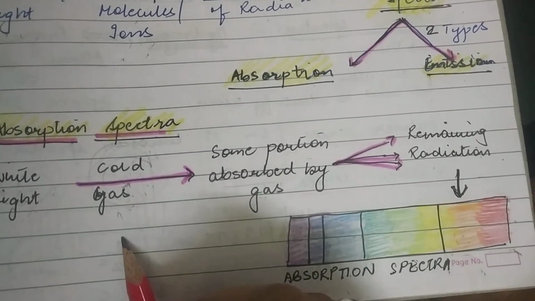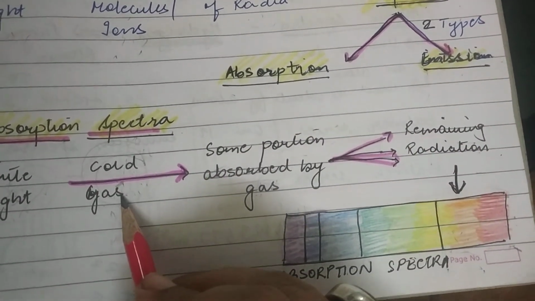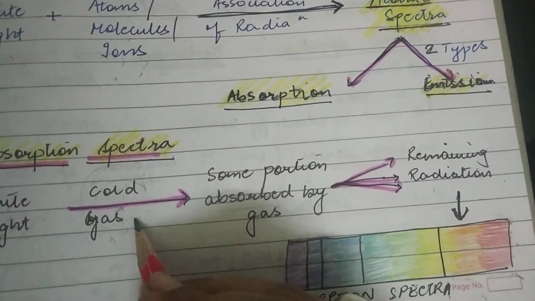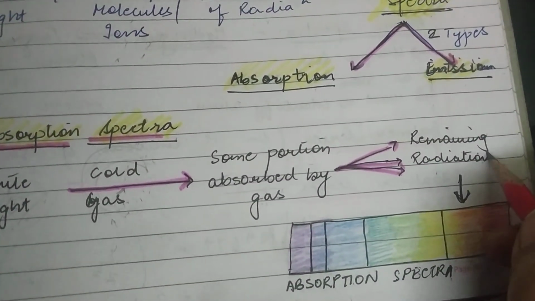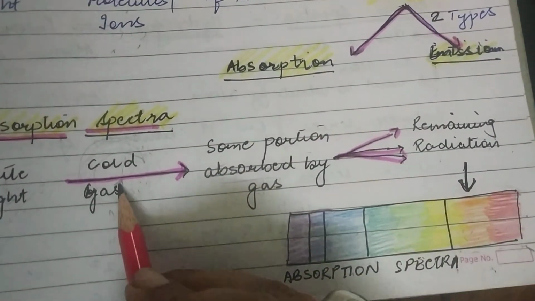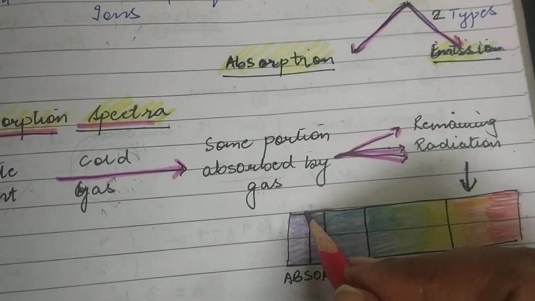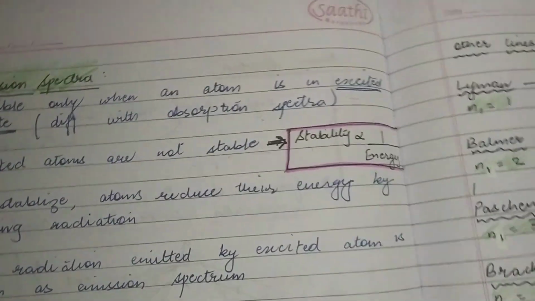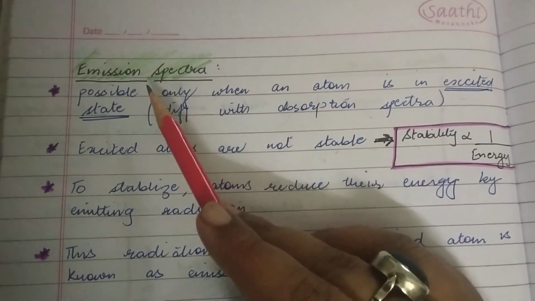So the emitted radiation lacked those components of the white light that were absorbed by these molecules, and the wavelength that is absorbed is absent in the spectrum, and it is seen as dark bands. That is, the absence of the wavelengths that are absorbed by the molecules is seen as dark bands against a continuous bright background.